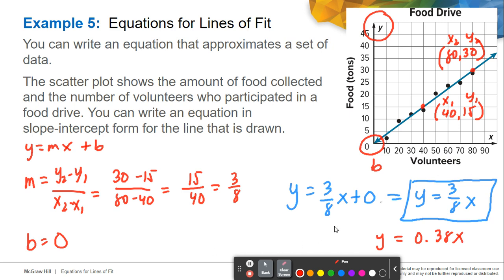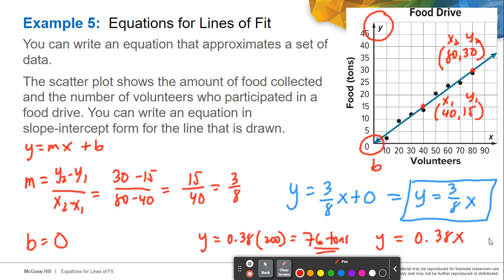Okay, our volunteers, you just have to do the amount of food will be 0.38 times 200. Okay, so 0.38 times 200 will give you 76 tons of food, right? The more volunteers, the more food that they can collect.